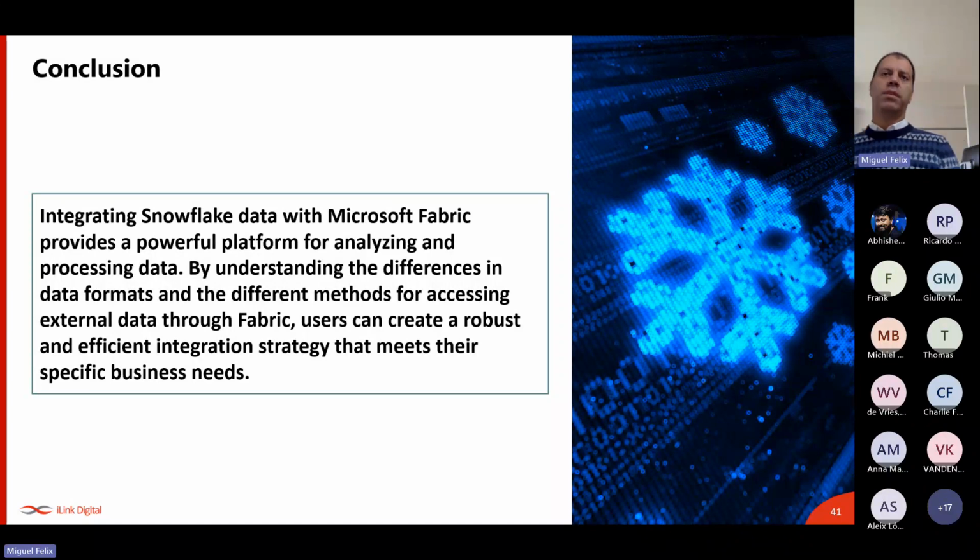But we can also create a mirror database without even the Iceberg and just ingest our data directly to Fabric, and we have a copy of the data. So we need to work together in both worlds so that we have an efficient integration strategy. Okay.